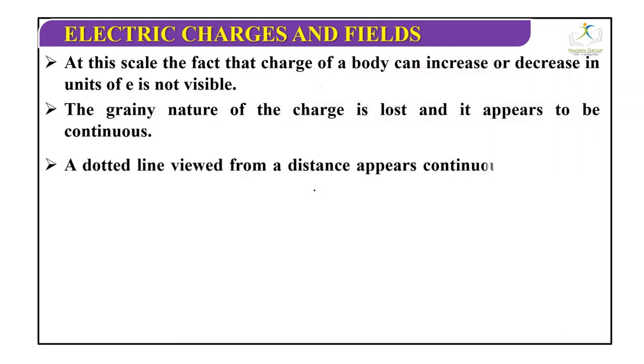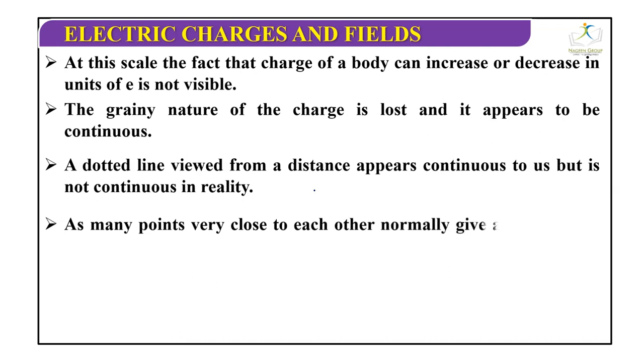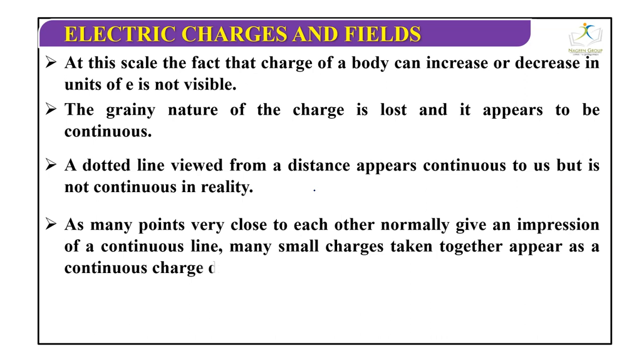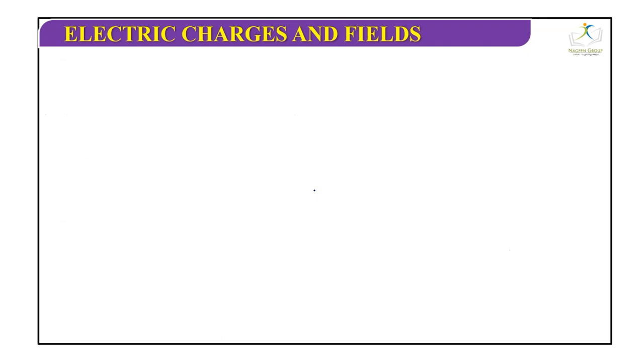A dotted line viewed from a distance appears continuous to us but is not continuous in reality. As many points very close to each other normally give the impression of a continuous line, many small charges taken together appear as a continuous charge distribution, but they are not actually continuous.